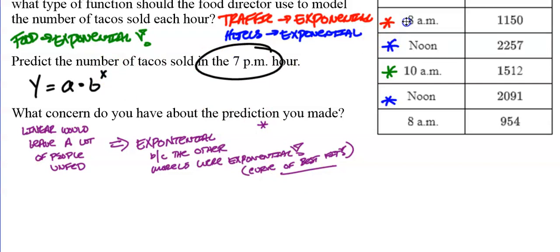Going from 8, because that's really all we have to go on, our start time is 8 a.m. So let's see what we end up with. For the 8 a.m. group, the average is going to be 1150 plus 954 divided by 2, because we only have 2 data points. So we have 1150 plus 954, and we're going to divide that by 2.